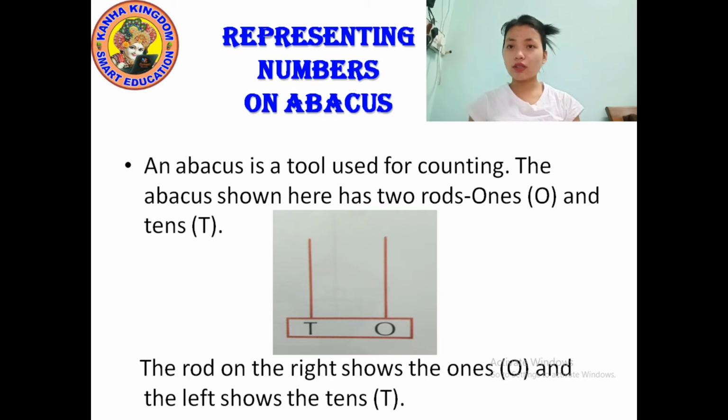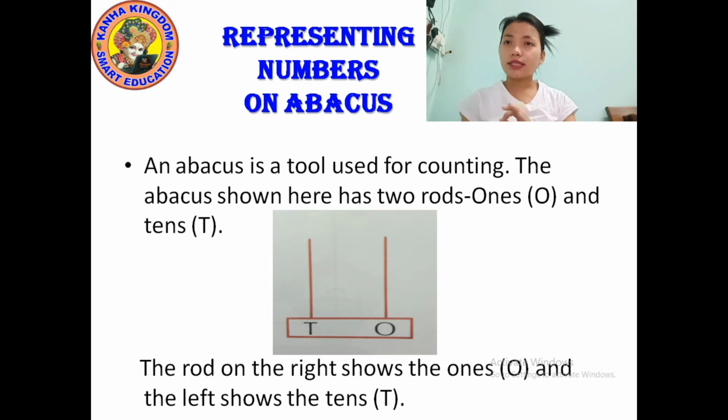The rod on the right shows the ones, which symbolizes the ones, and the rod on the left shows the tens. Okay, see, again I am repeating this thing.